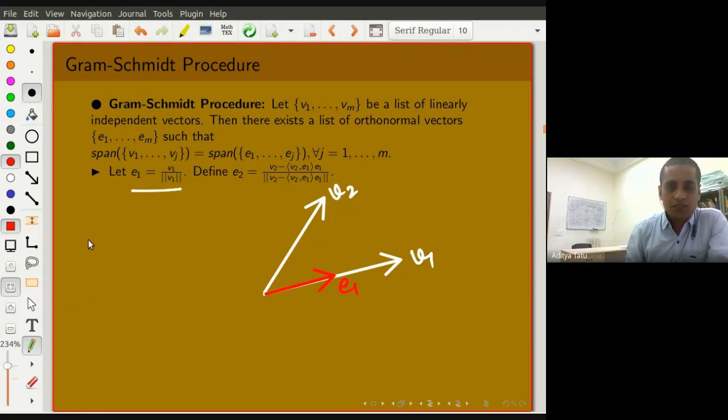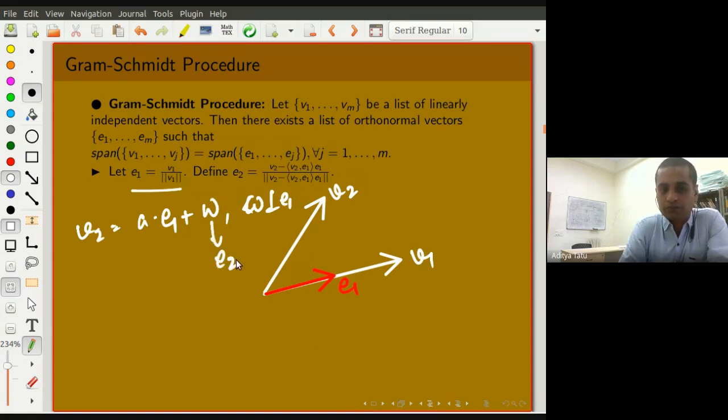V2 can be written as some A times E1 plus some vector, let's call it W, such that W is orthogonal to E1. And then use that W in order to get E2. That's exactly what this expression says.